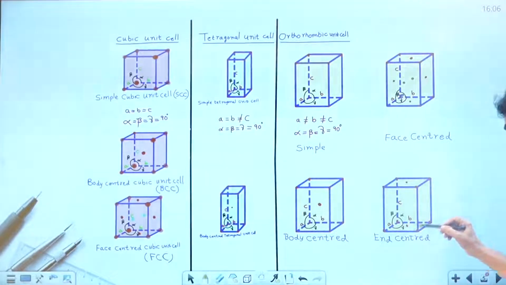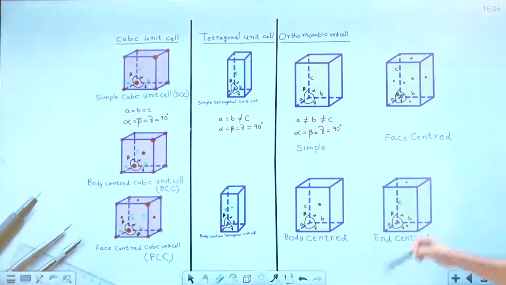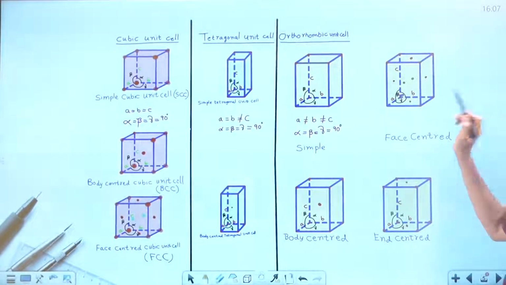And if the lattice points are present along with the corners, at the center of the opposite faces, it is called the end-centered arrangement, and that unit cell is called the end-centered orthorhombic unit cell.